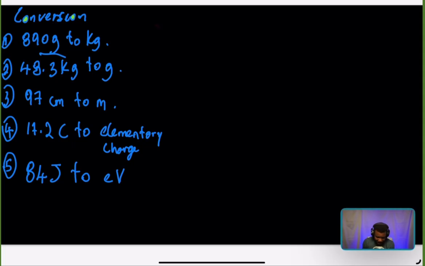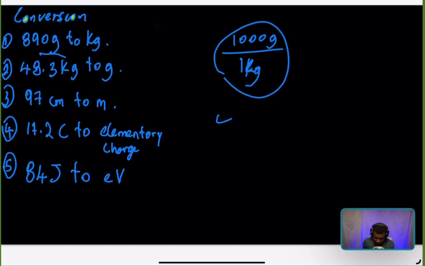So immediately I know I'm going to use the relationship to create a fraction, and I need the kilograms in the denominator. So the conversion factor that I'm going to be using is 1,000 grams divided by 1 kilogram. Now we know that there's 1,000 grams in a kilogram, so that's the conversion factor I have to use.